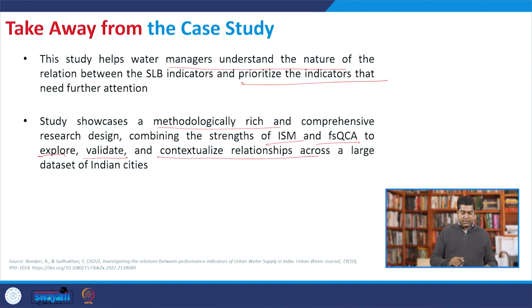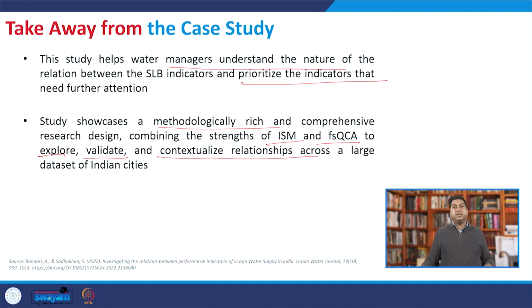I suggest that if you are interested in this subject or in the method, you can go through the paper, and I am sure that with this presentation it is now clear why sometimes a mixed method is preferred over an individual qualitative or quantitative method.